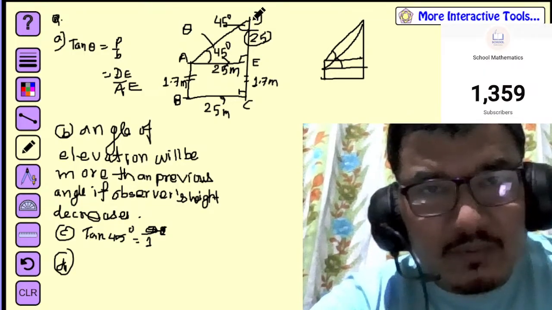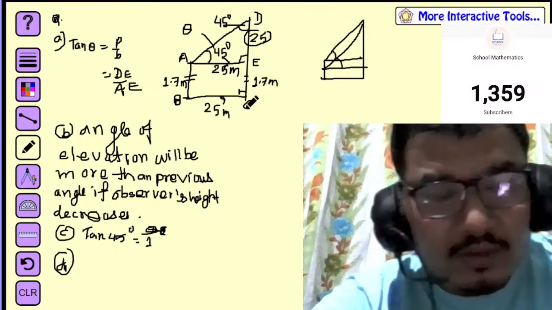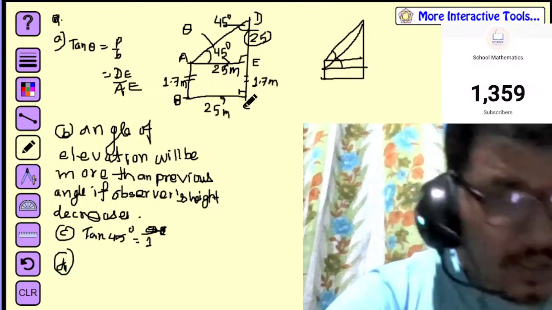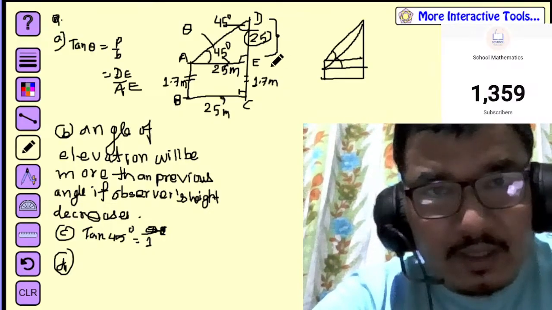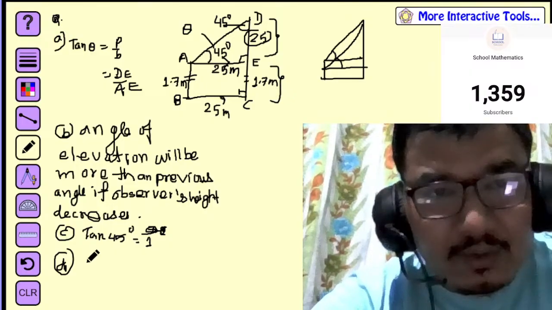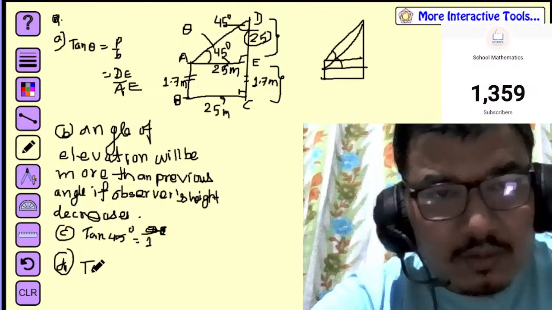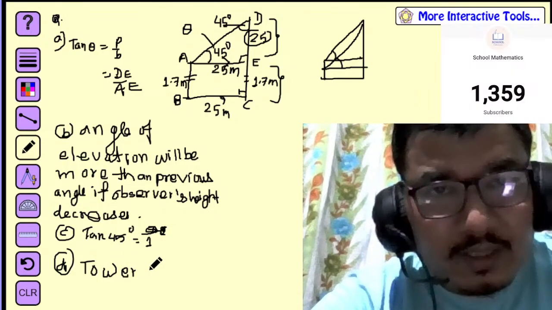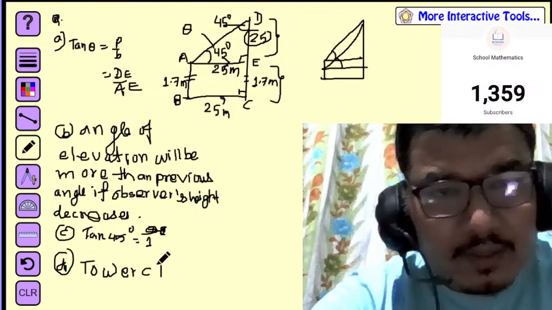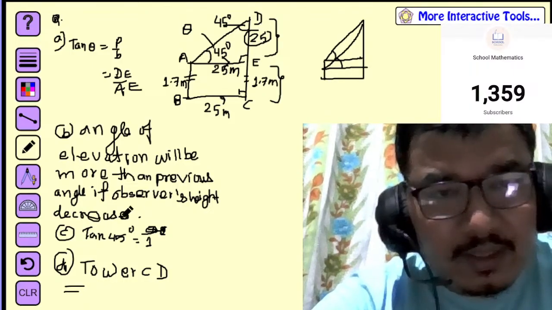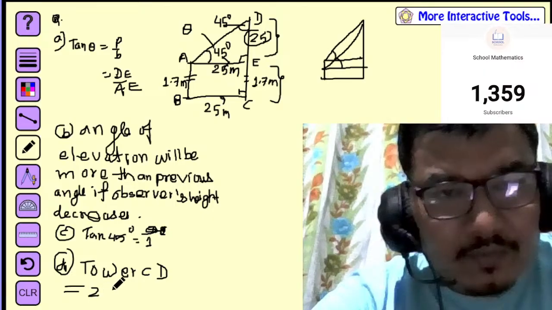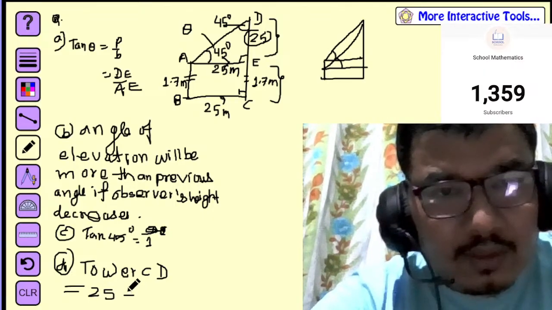Now, when it is asked to find the height of this tower, we have to add this DE and EC. The name of the tower is DC or CD. You can write CD equals, then here this is DE, which is 25, plus what is given down there, 1.7.